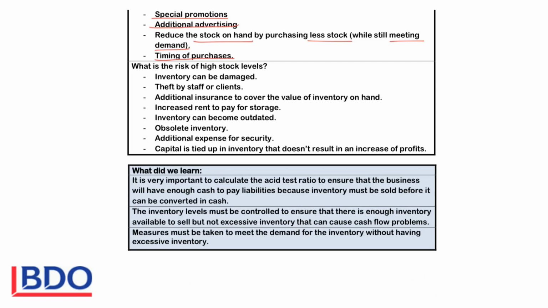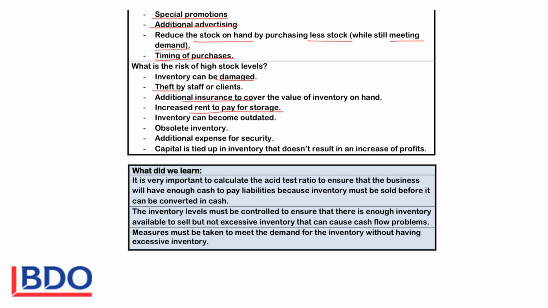What is the risk of high stock levels? Inventory can be damaged because there's too much. Theft can be by staff or clients. You will have to take out additional insurance that will increase expenses, because you have to pay for the additional insurance to cover the value of the inventory. It will increase rent because you will need more storage space.